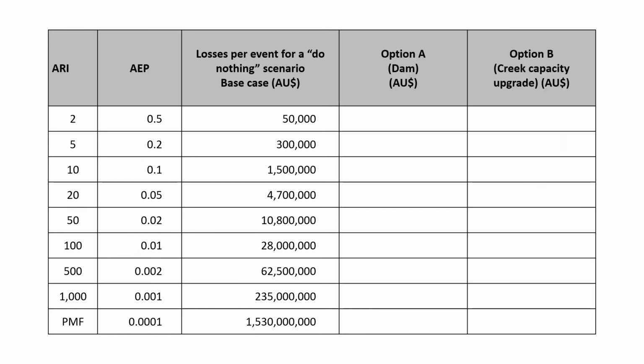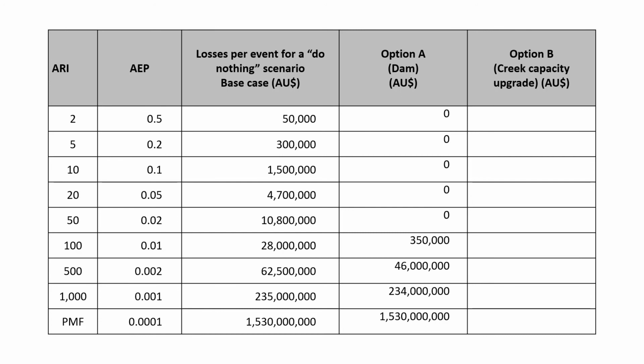Option A, the dam, will reduce to zero the losses caused by floods of an average recurrence interval of 2, 5, 10, 20 and 50 years. It will also reduce losses caused by a 1 in 100 year flood to $350,000 and have a small effect on losses caused by larger floods.